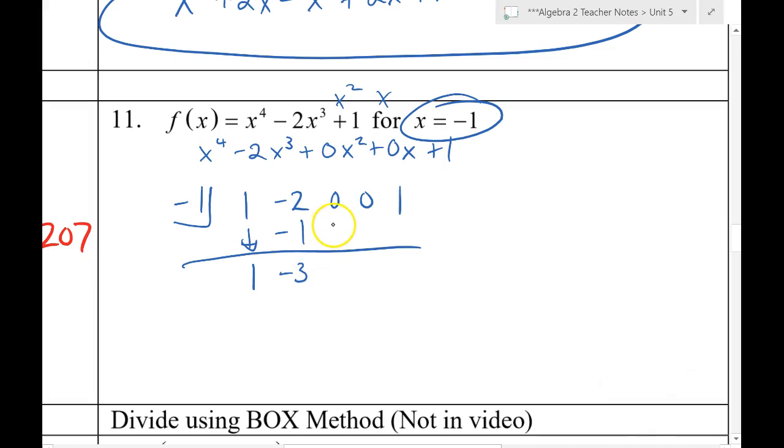Multiply negative 1 times negative 3, positive 3. Add the column, get 3. Negative 1 times 3, negative 3. Add that column again, negative 3. Negative 1 times negative 3 becomes positive 3. And then that column there, add it together, there's my answer of 4. So now f of negative 1 is equal to 4.